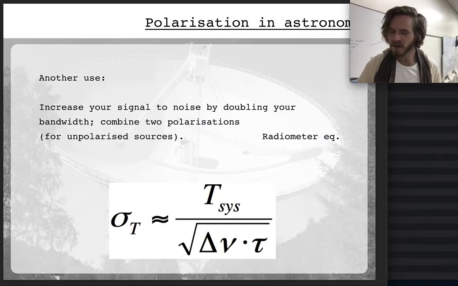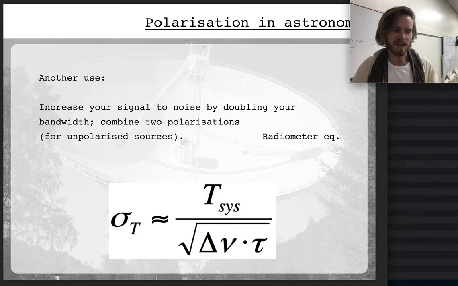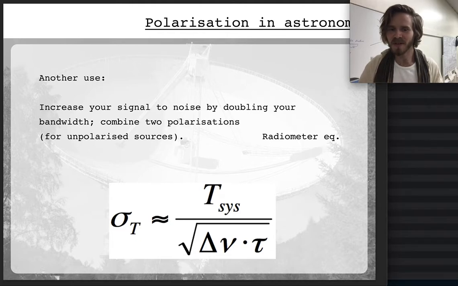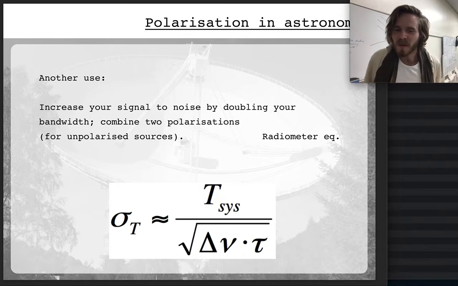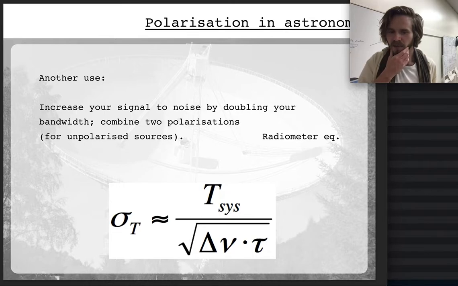So probably the most common use of polarization for lazy people is to not use it properly. But it is always used in the sense that when you're combining the signals, so we talked about the Stokes I parameter, if you want to have more sensitivity in your image, we have the radiometer equation here.